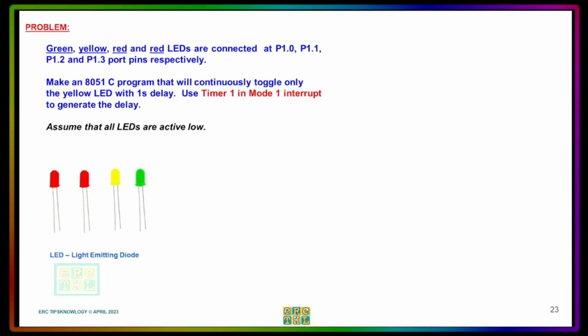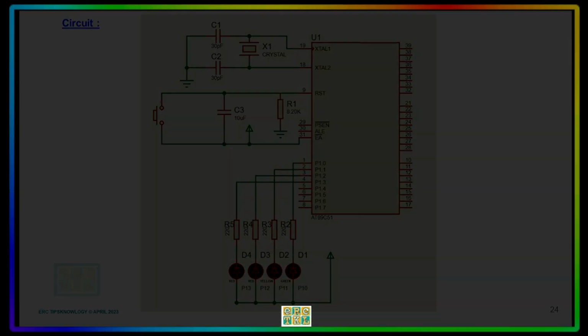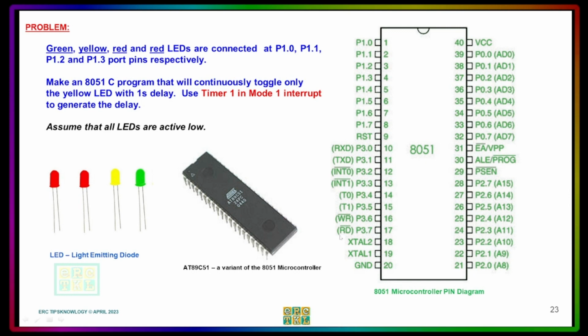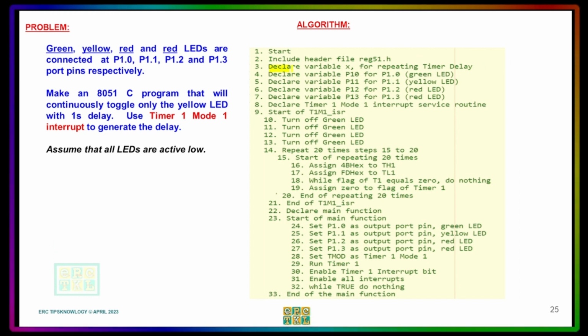So again, we will do the same problem, a 1 second delay, but this time we notice the word interrupt in the question: the 1 second delay will be provided by the use of an interrupt and not a timer. Let's see what's the difference of this algorithm compared with the other 3 algorithms. We declared X also.